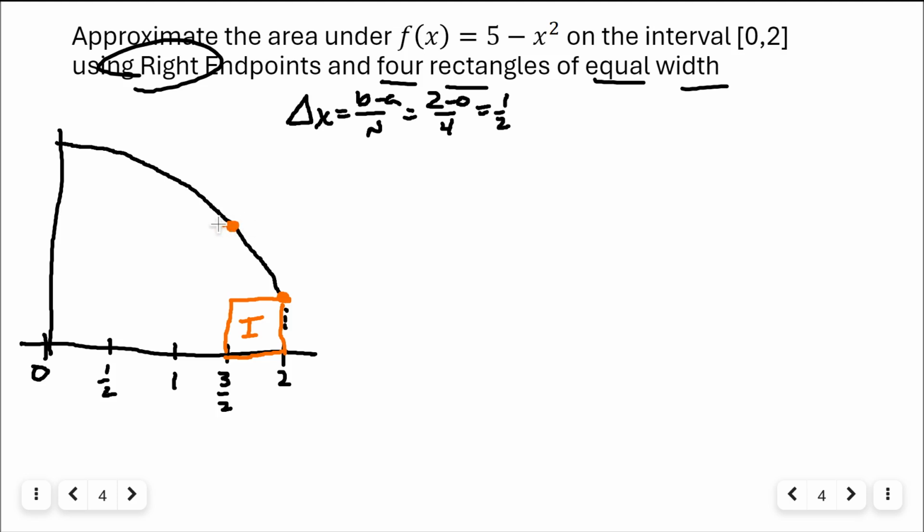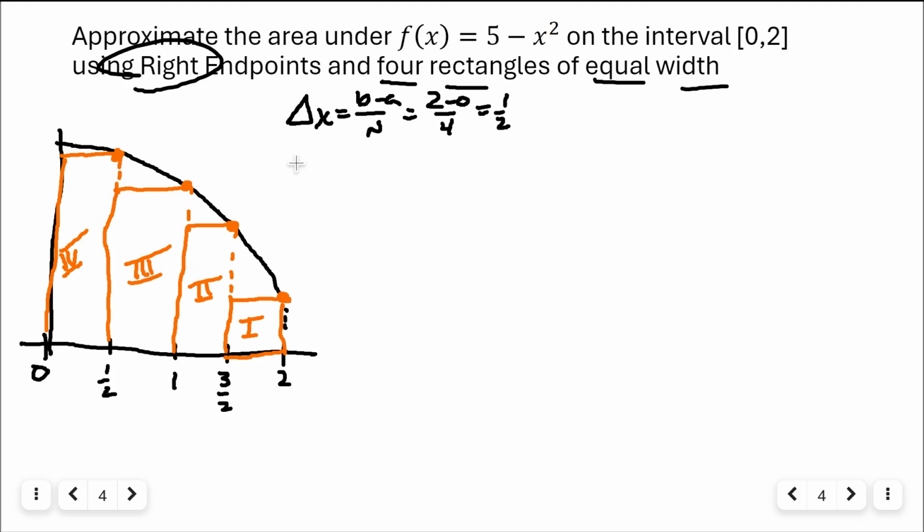Go up to the curve, make a point, draw across, and down. You can fill this in here. That's number 2. 1, up to the curve, draw across, and down. That's rectangle number 3. And then up to a half to the curve, draw across, and down. That's rectangle 4. Okay, there's my 4 rectangles.